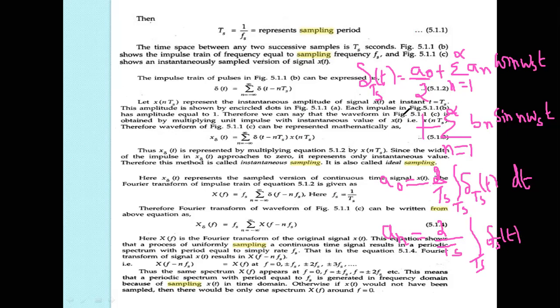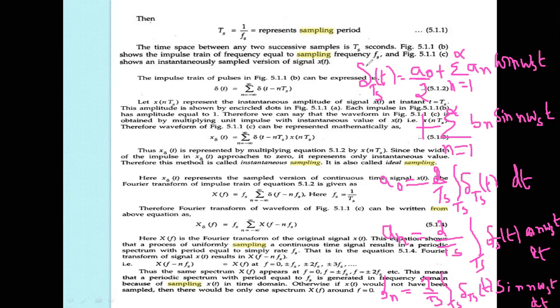Actually here it is x of t, and I am taking the delta Ts of t into cos n omega s into t dt, and bn is equal to 2 by Ts integral Ts delta Ts of t, with sine n omega s into t dt instead of cos.